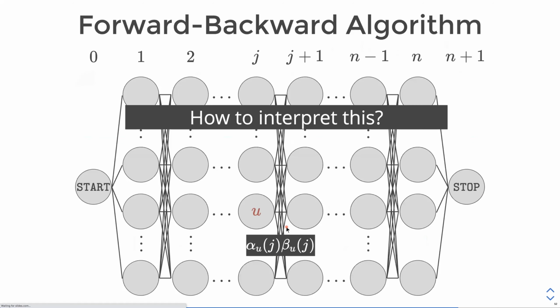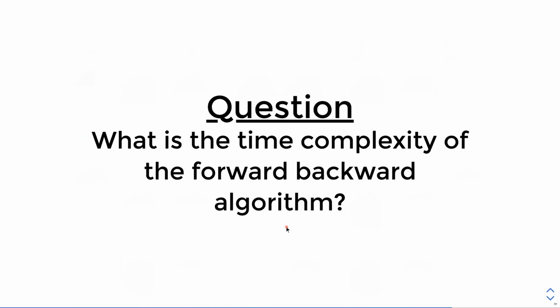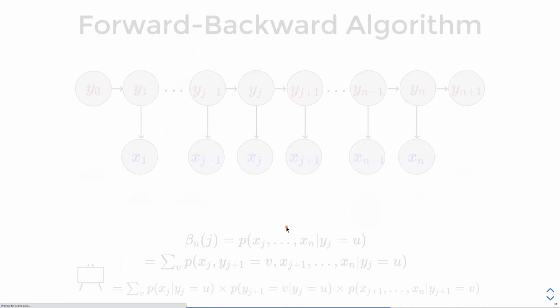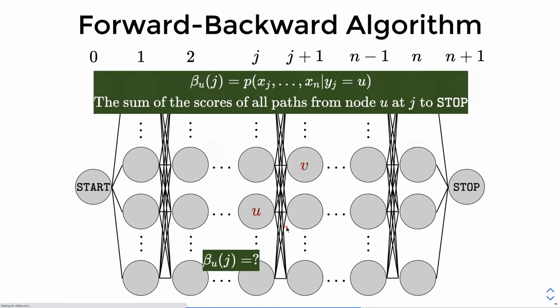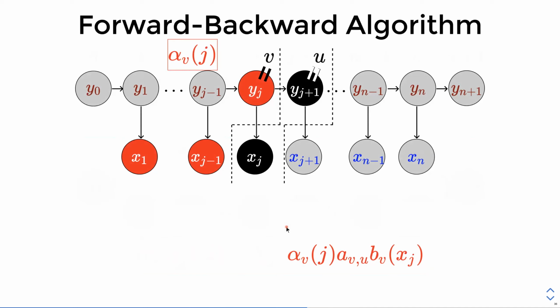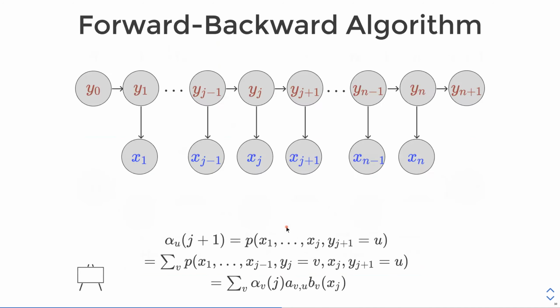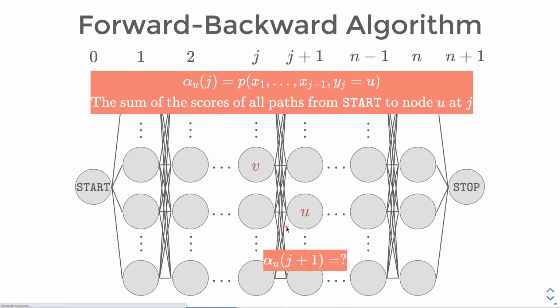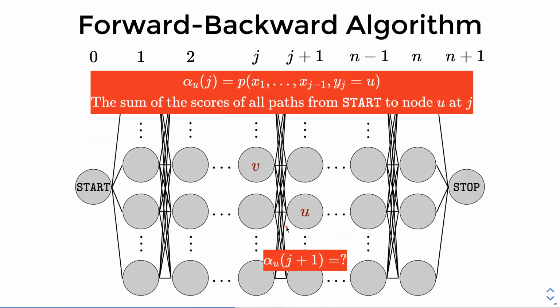Maybe I should go back and rely on this picture. Let's look at alpha first. We calculate this score, and I'm talking about a general case. When you calculate the score here, you need to visit all the nodes in the previous layer.